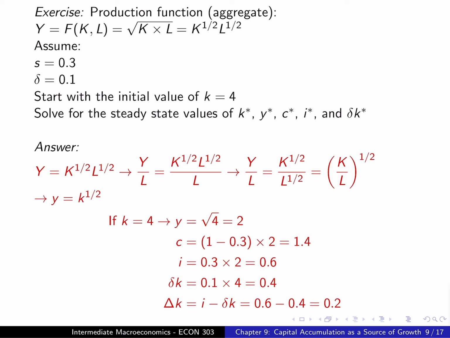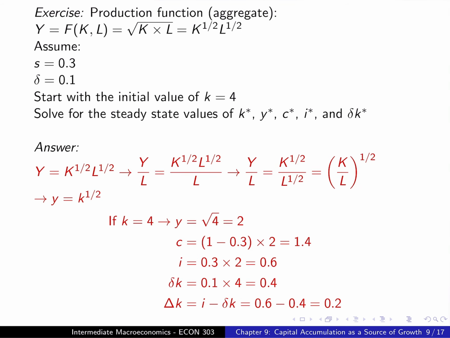Then y equals the square root of 4, which equals 2. Step 3. Compute consumption per worker. Recall that c = (1 − s) times y. Substituting in values, c equals 1.4.